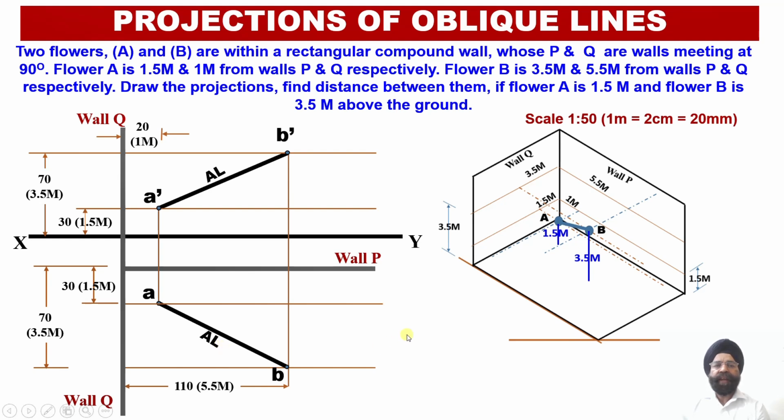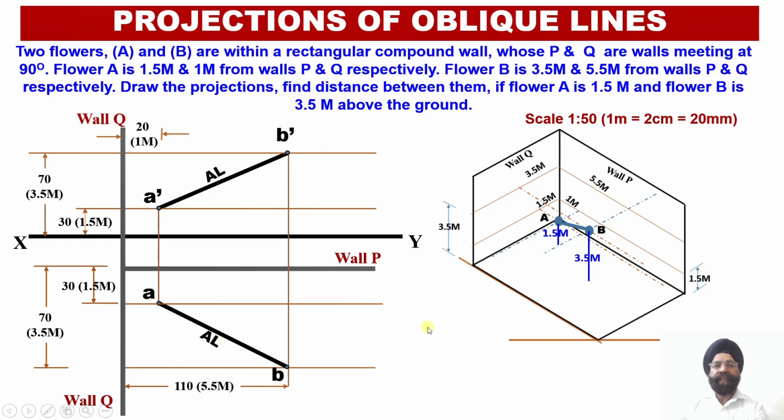So this way we have been able to convert this real life problem into the orthographic projections of the oblique line. Here we can observe that the front view projections, that is A dash B dash, and the top view projections AB are inclined to the XY reference line. So we are going to get the apparent length projections in the front view as well as in the top view.